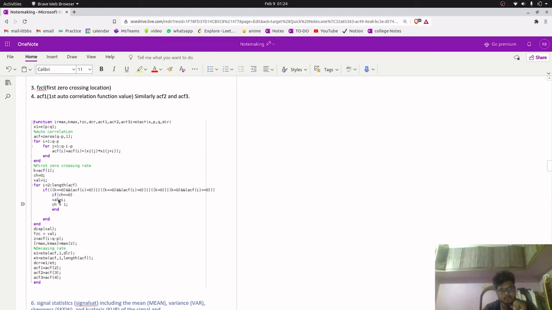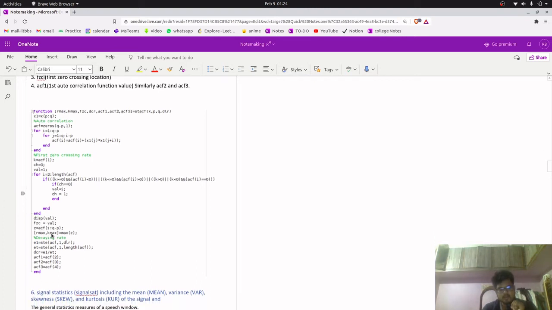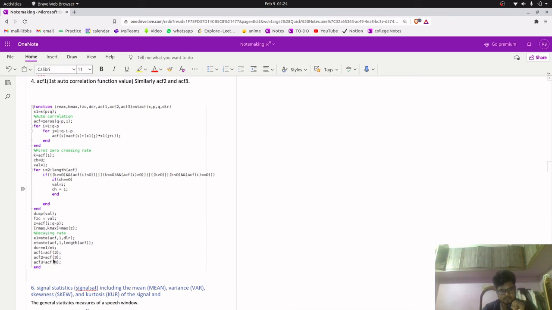After it executes once only, the first zero crossing stores the value of VL, that is the first zero crossing value.